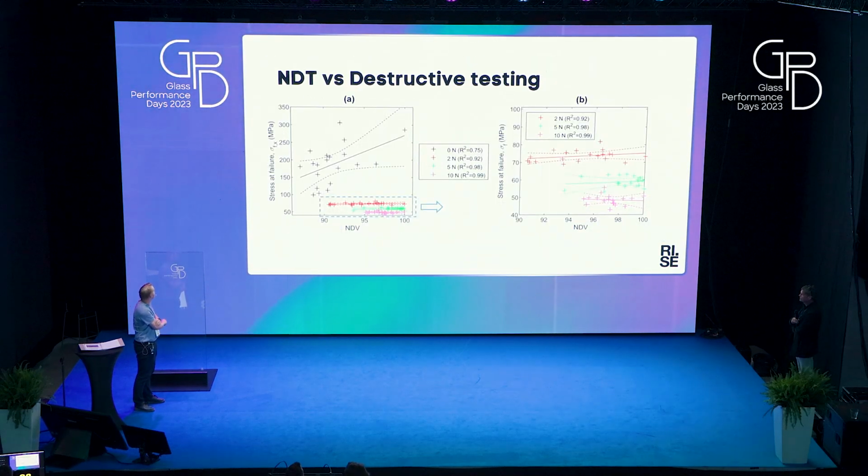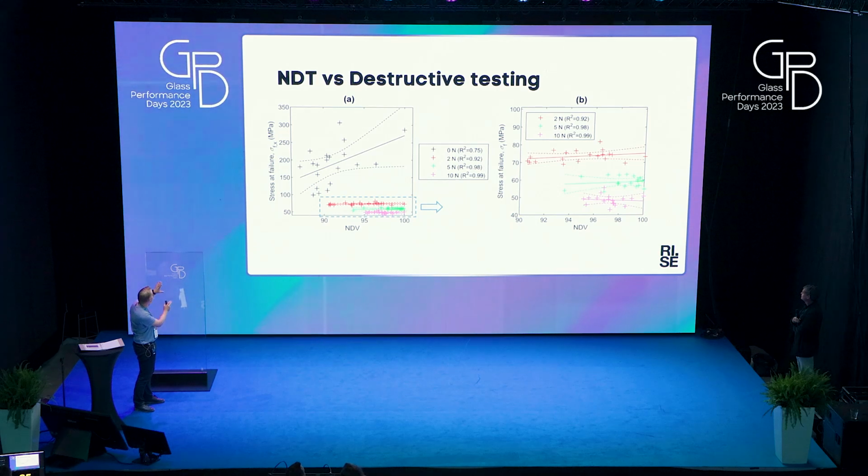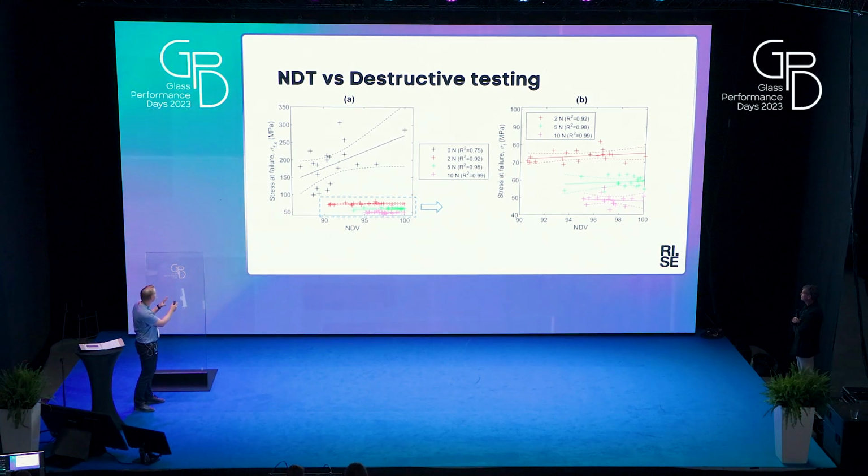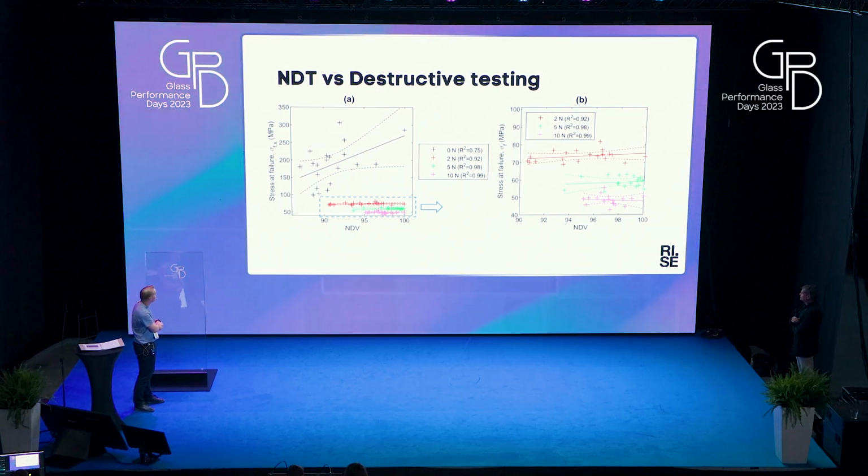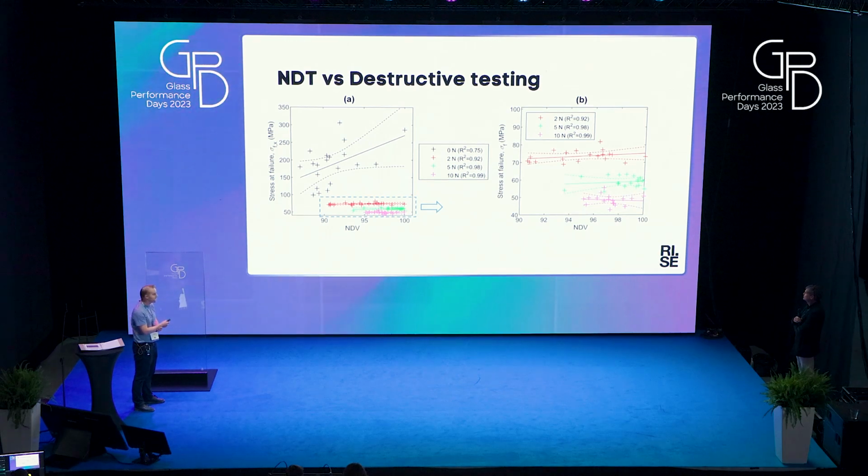Two results. So here's the comparison of the non-destructive damage value in a normalized way, and the strength or stress at failure. And we can actually see that we get pretty good correlation.